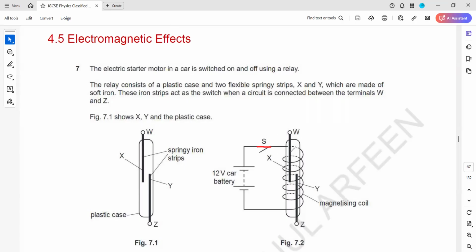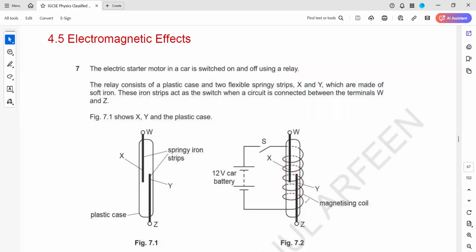So when you close the switch, the current starts to flow through this solenoid. Solenoid means a coiled circular wire. It is coiled so that it will produce a strong magnetic field. When a current is passing through this solenoid, it produces a magnetic field.